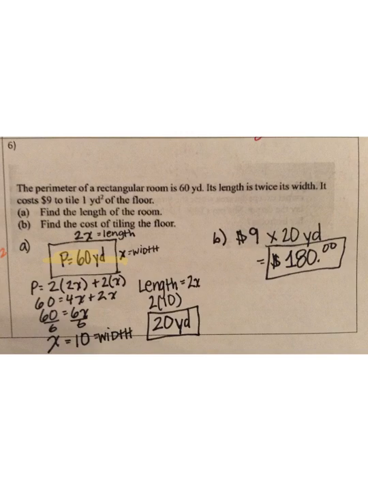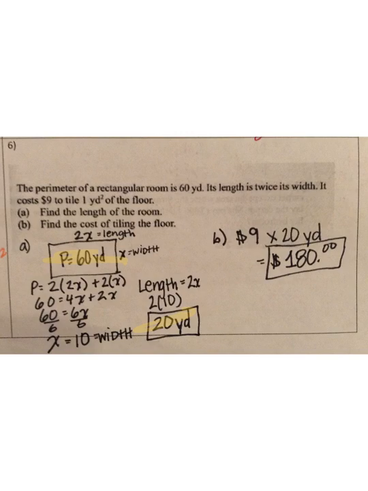So 2 times 2x is 4x, and 2 times x is 2x. So 60 is equal to 6x. Divide by 6 to isolate, and I get that x is 10. So 10, again, remember what x represents? It is the width, but we're asked for A that we want the length of the room, so I have to multiply that by 2, and that's how I got 20 yards.